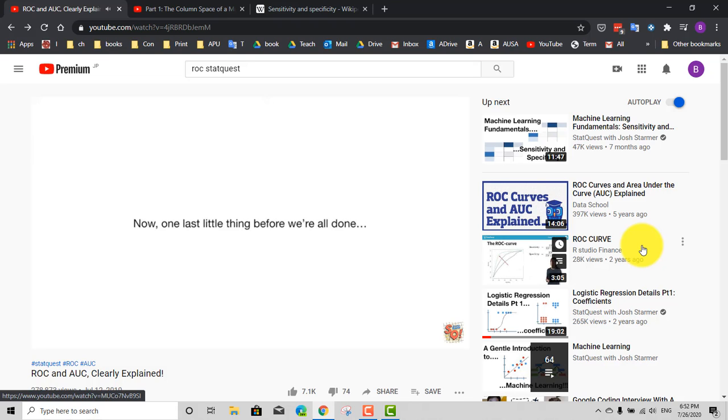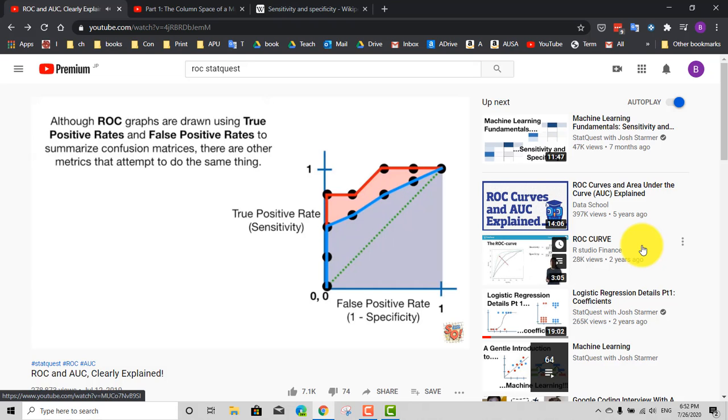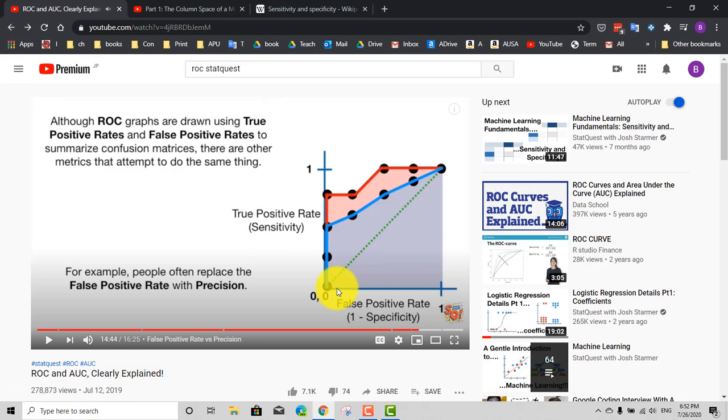Now, one last thing before we're all done. Although ROC graphs are drawn using true positive rates and false positive rates to summarize confusion matrices, there are other metrics that attempt to do the same thing. So we may not use the same axes. For example, people often replace the false positive rate with precision.